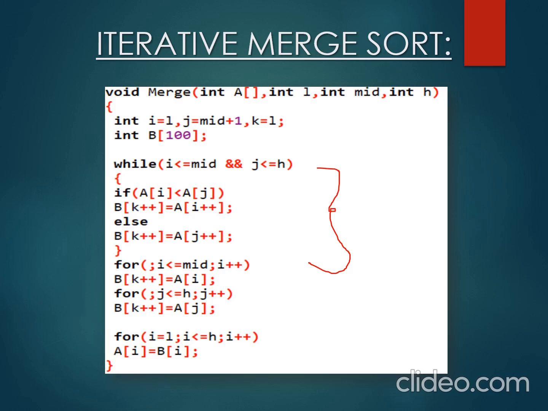We compare the ith and jth elements of the same array. If the ith element is less than the jth element, we increase k by 1 and copy the value of a[i] into a separate array b. Or else, if a[j] is less than a[i], we take the a[j] element into b[k].